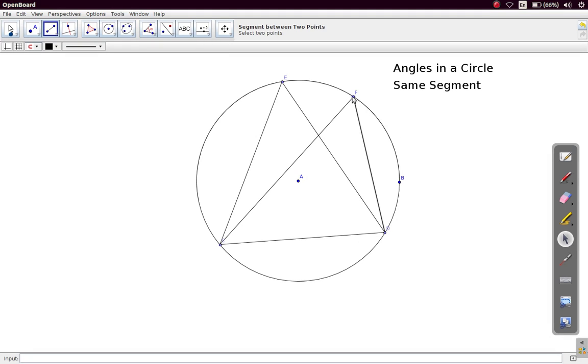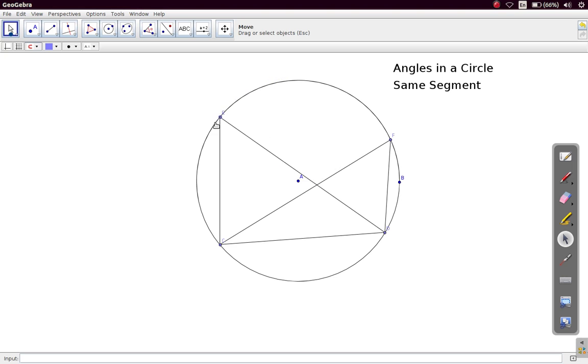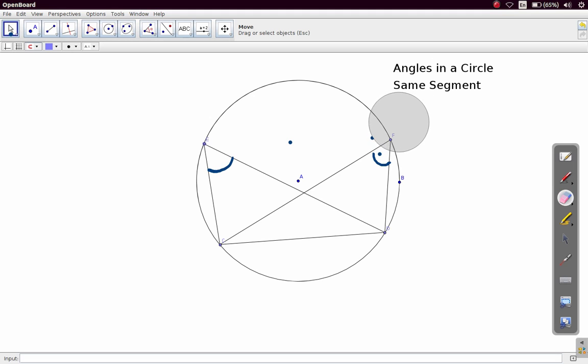So if I move this here like that, and move this here like that, and then draw my angles on them, what I would have is this and this, right? Those two angles would be equal.